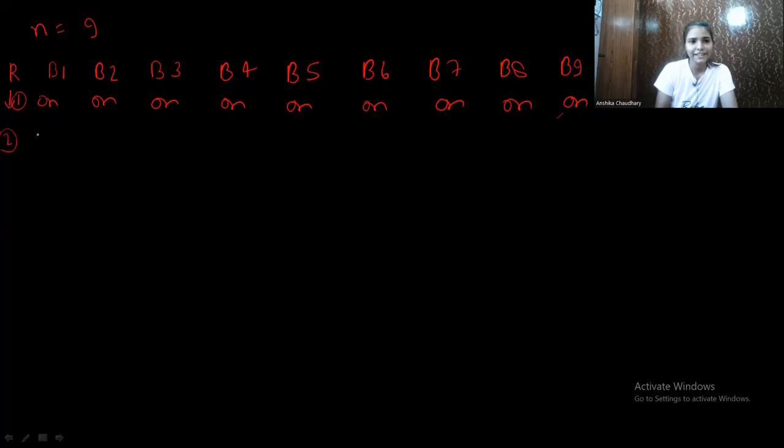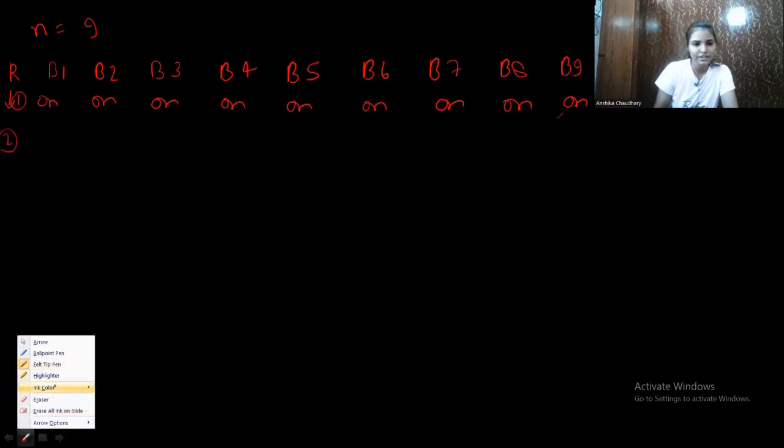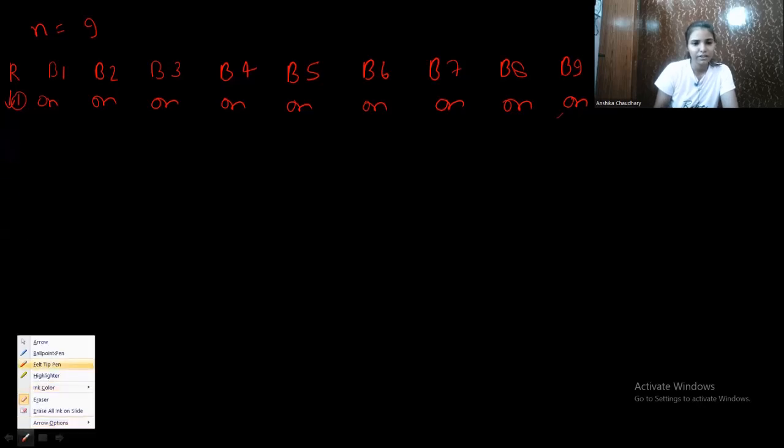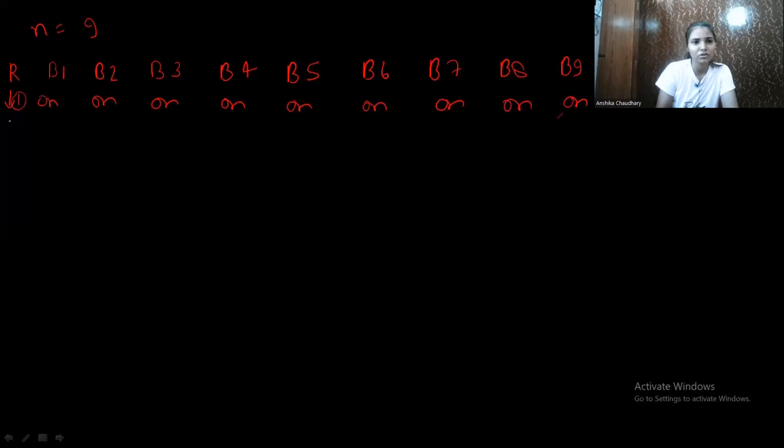Now at the second iteration, let me take the second iteration a little bit upper side, otherwise we will not have the space to solve the question properly. At the second iteration, you have to turn off every second bulb. That means 2, 4, 6, 8.